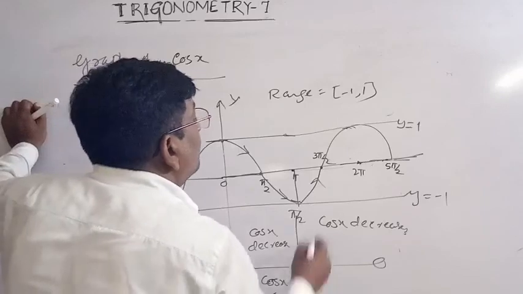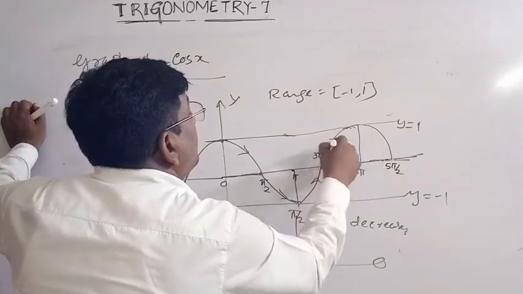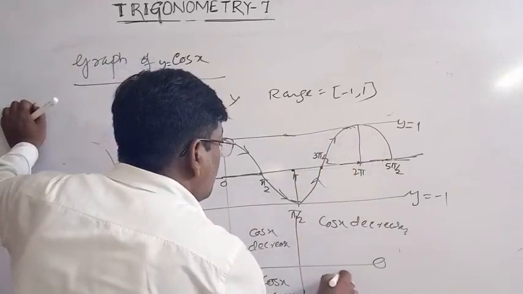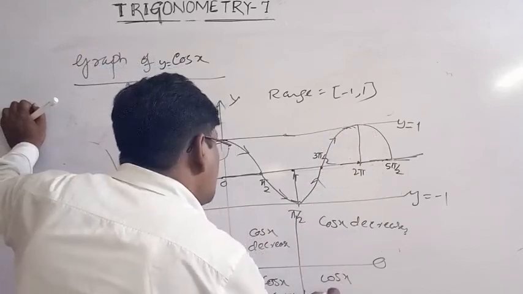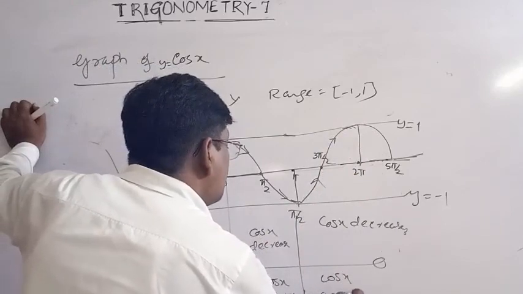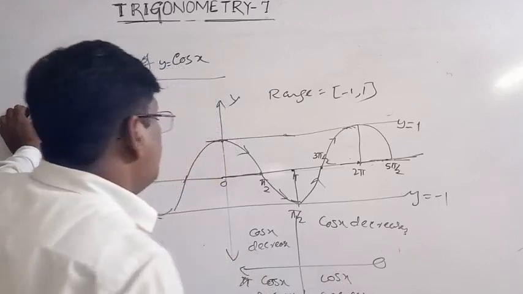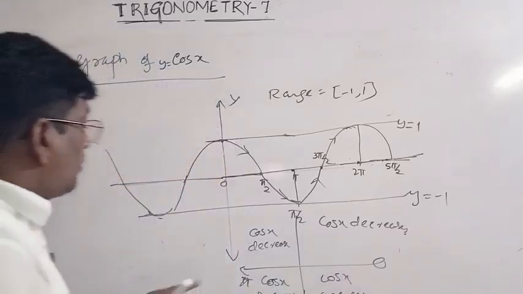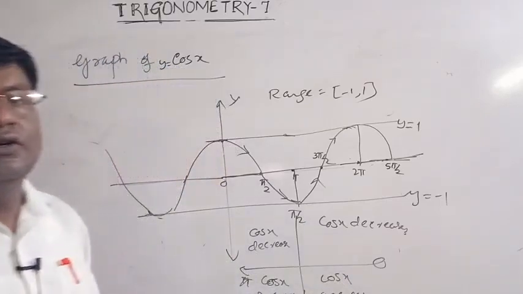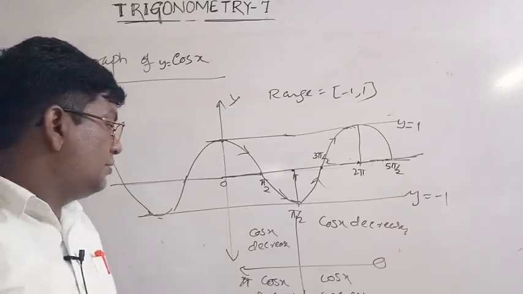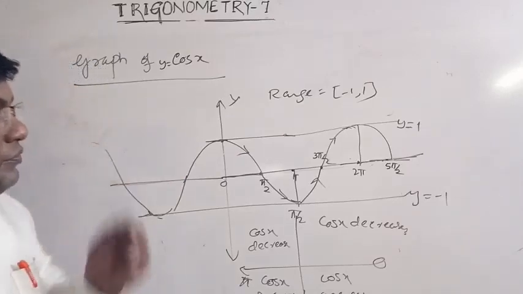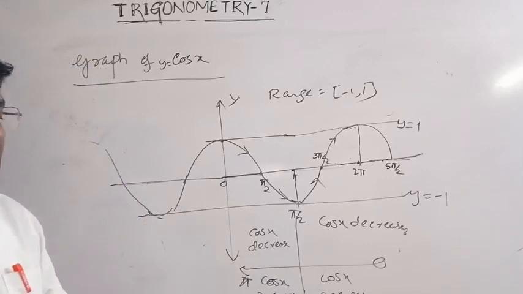Again in the fourth quadrant cos x increases. That is, in the third quadrant and fourth quadrant cos x increases. These are the basic graphs of sin x and cos x.